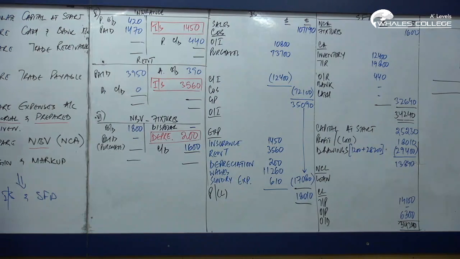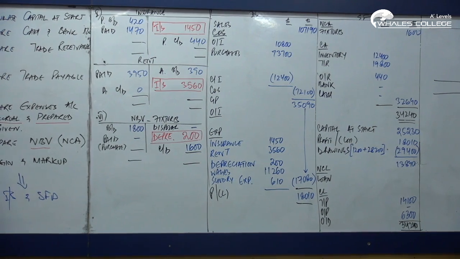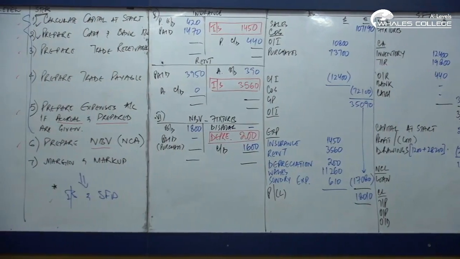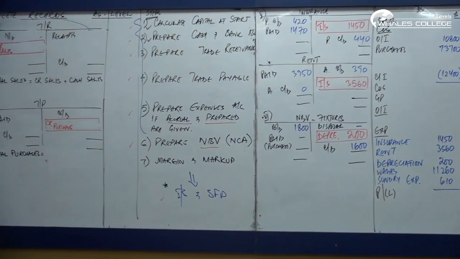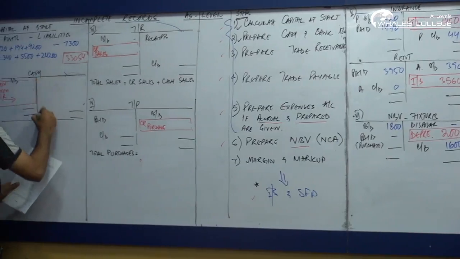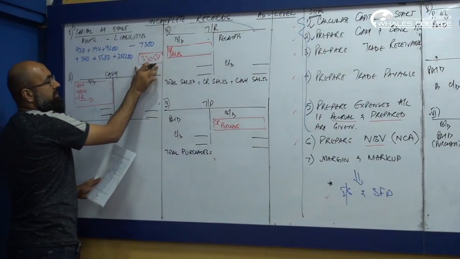Now I'm going towards step number 2, that is the cash or bank account, or simply a cash account. The bank account is already there, so we are moving towards the cash account. Look here, capital at start is already done, 33054.